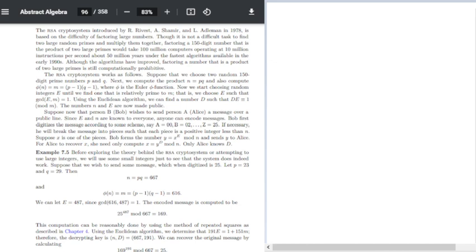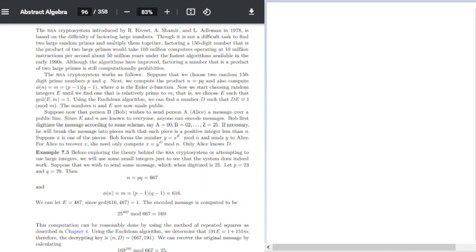Suppose now that a person B, Bob, wishes to send person A, Alice, a message over a public line. Since e and n are known to everyone, anyone can encode messages. Bob first digitizes the message according to some scheme. Say, our standard scheme a = 00, b = 01, up to z = 25.